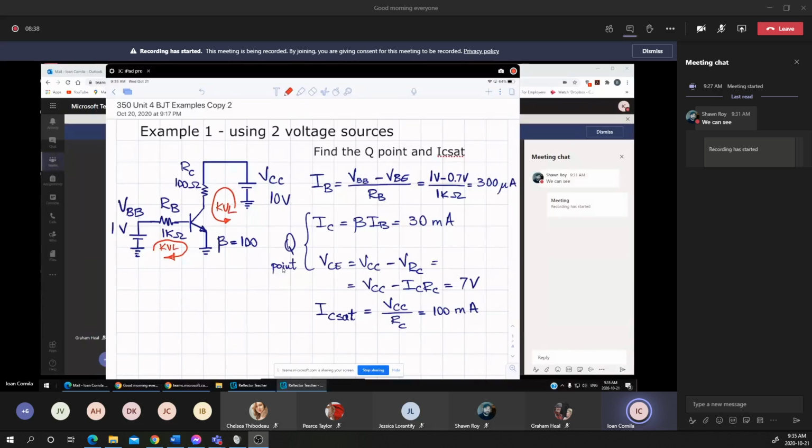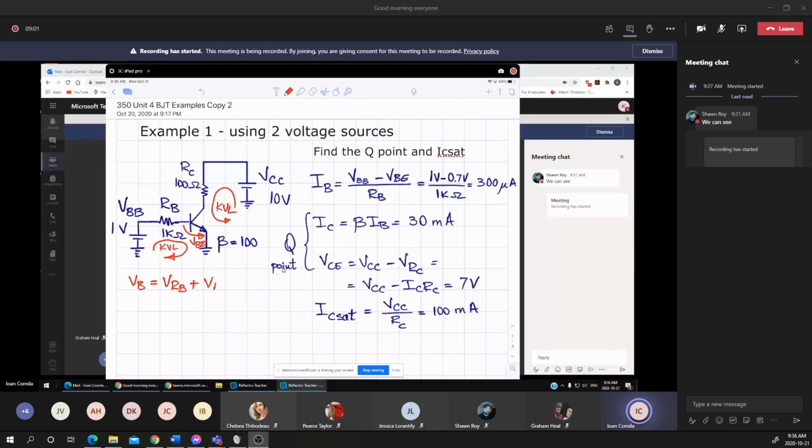Now let's have a look at the input loop. We can write the KVL in the input loop as VBB being equal to the VRB, the voltage across RB, plus the voltage between the base and the emitter, the VBE.